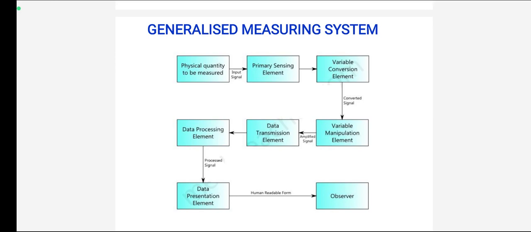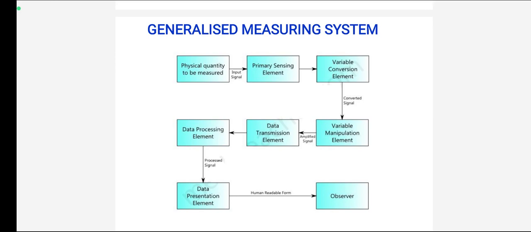For this flow chart we are going to describe the flow of how to measure the physical quantity. First, the physical quantity to be measured is the input signal. This input signal is transferred to the primary sensing element. This primary sensing element passes the signal to the variable conversion element. This variable conversion element manipulates the input signal for the data transmission.